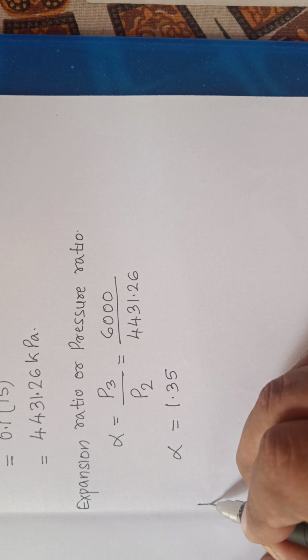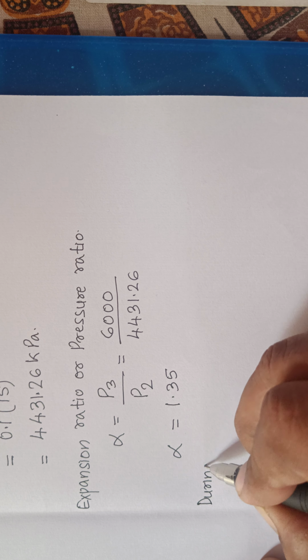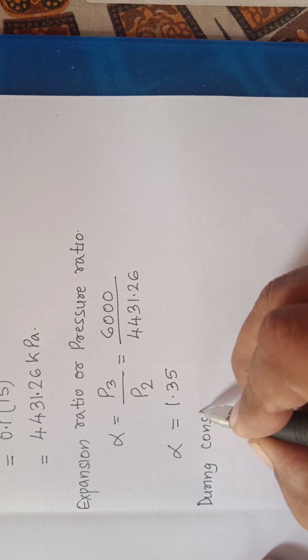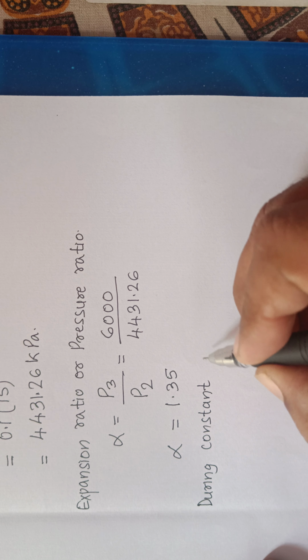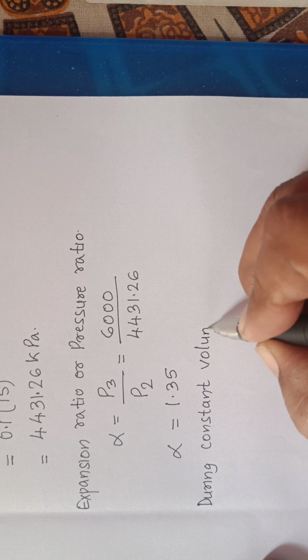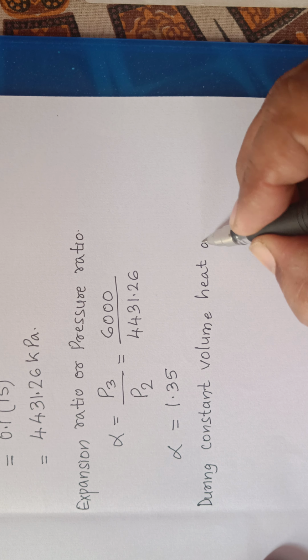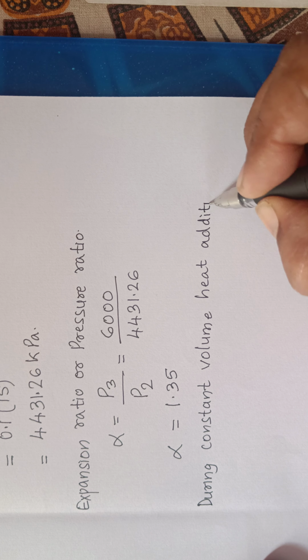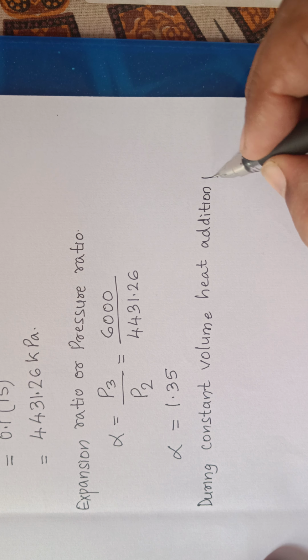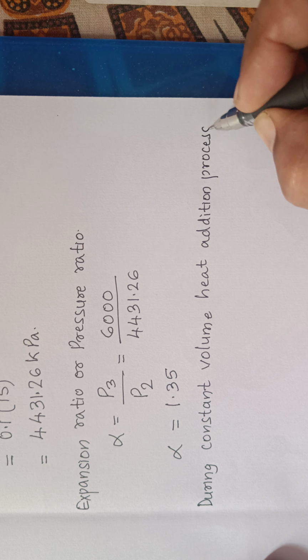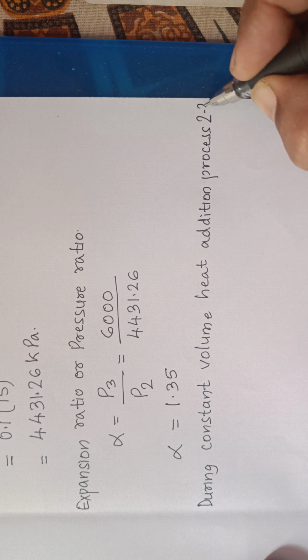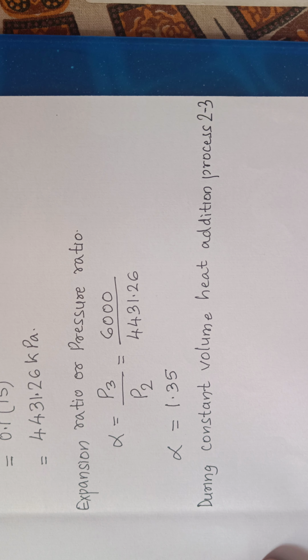So during the constant volume heat addition process, the process is 2 to 3.